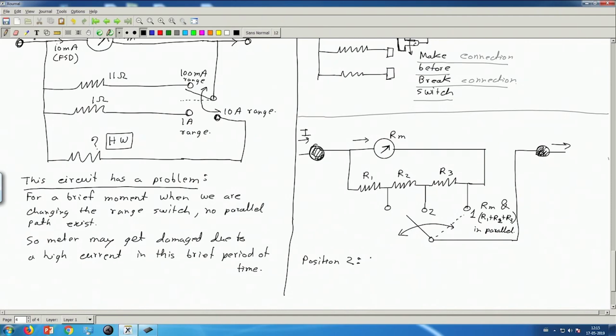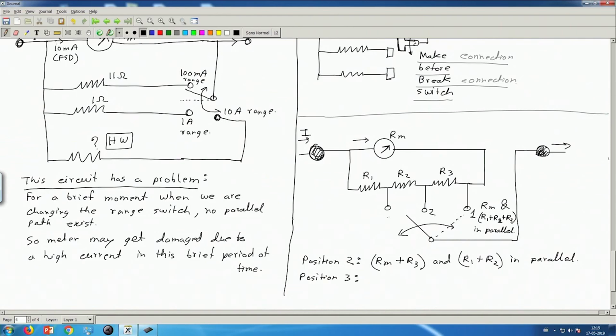So for position 2, I have Rm plus R3 and R1 plus R2 in parallel.